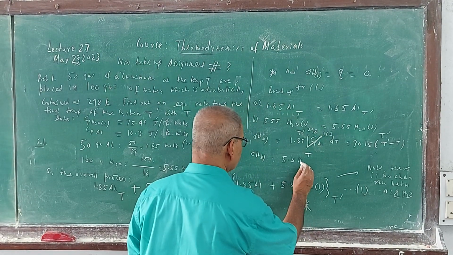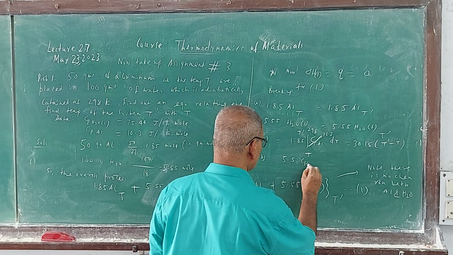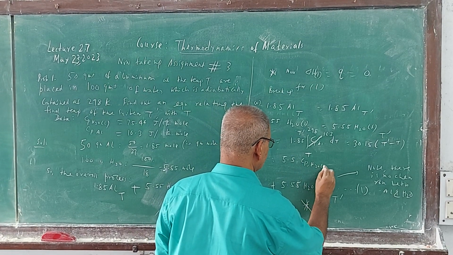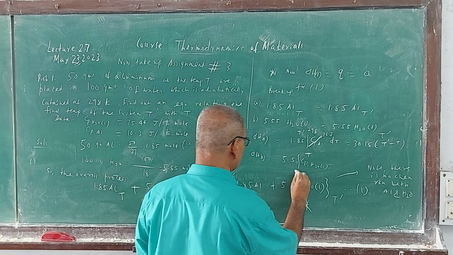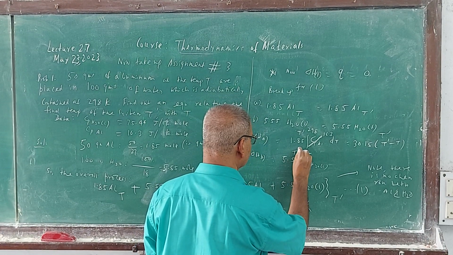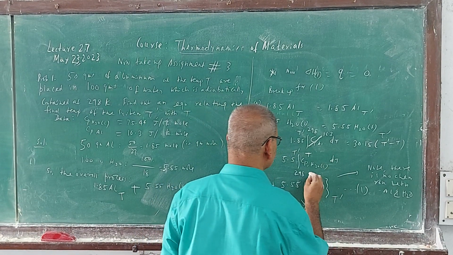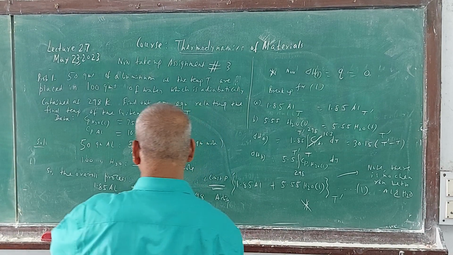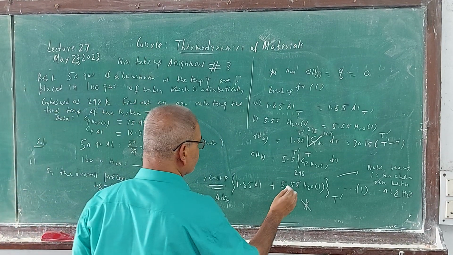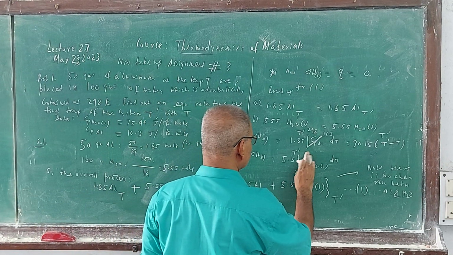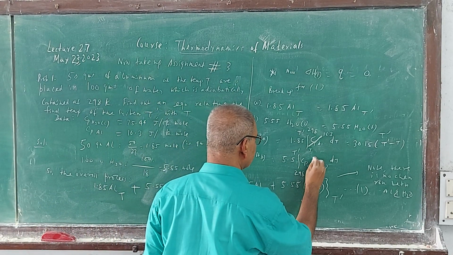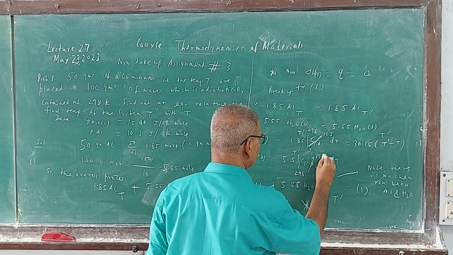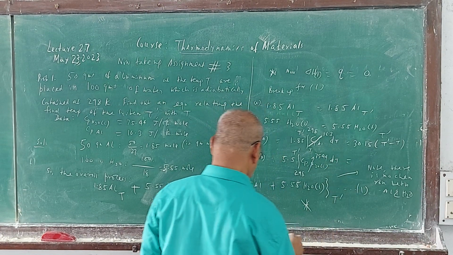So this is Cp of H2 liquid, integrated from 298 to the same final T prime, dT. Cp of H2 is given as 75.44.